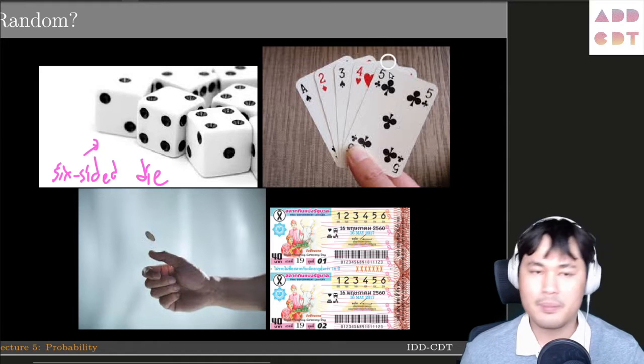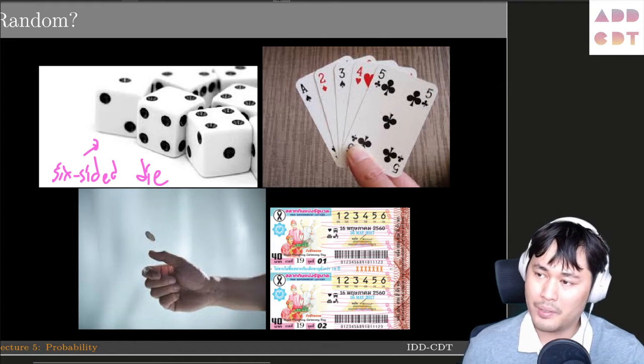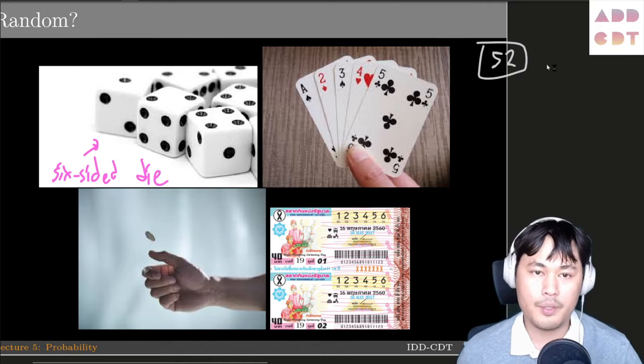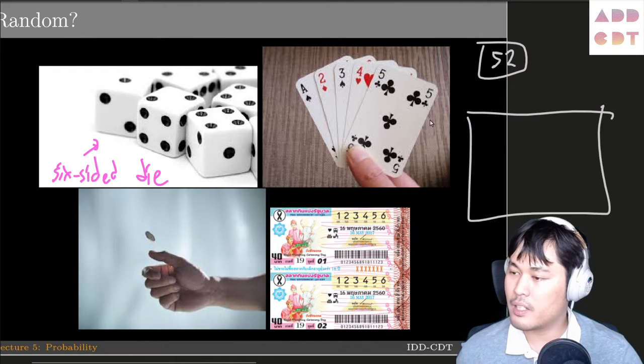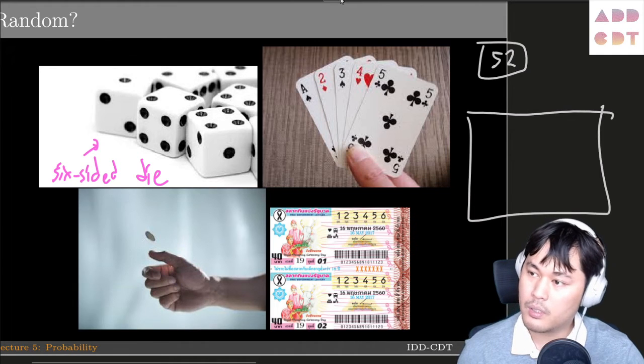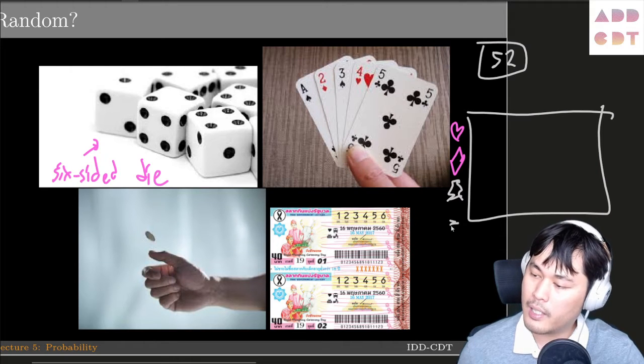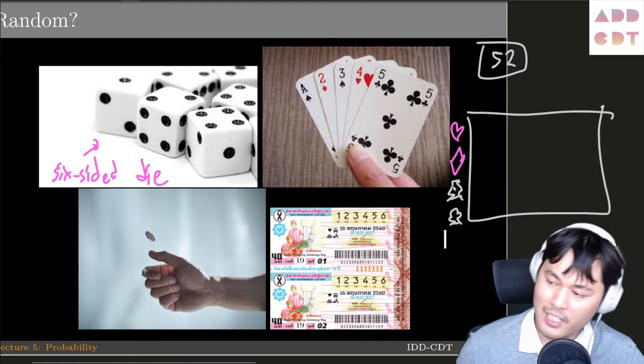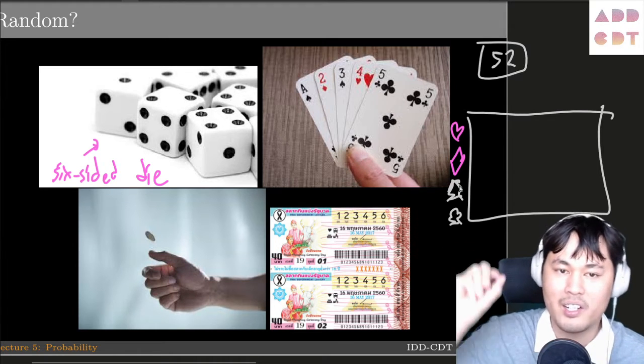We have dice, we have cards. When we talk about cards, we think about the standard poker cards, where there are 52 cards, and each card has one of the suits, which are heart, diamond, spade, or club. I have taught this class many times, but I still cannot draw the card well.